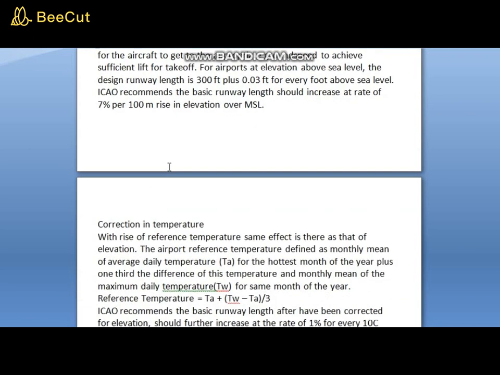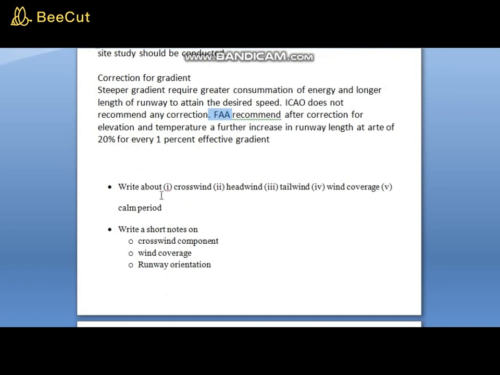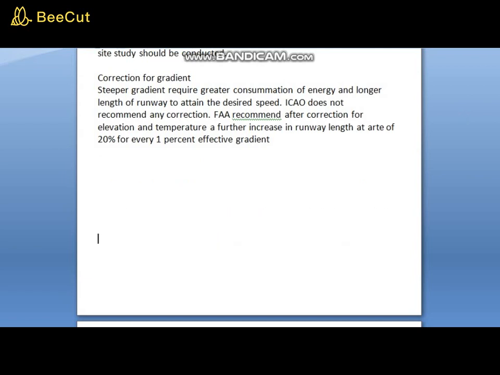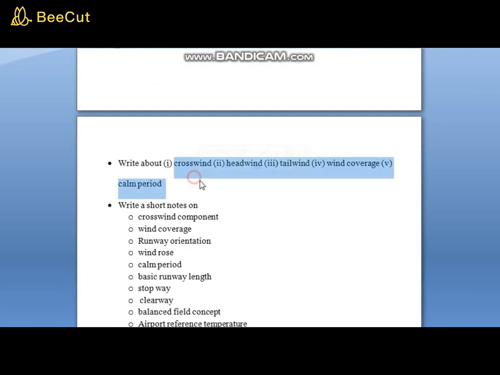Now let us go to the next answer. The next answer talks about crosswind, headwind, tailwind, wind coverage and calm period. This we have already seen in the runway orientation answer, and the same has to be repeated.